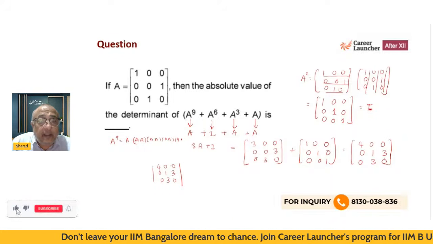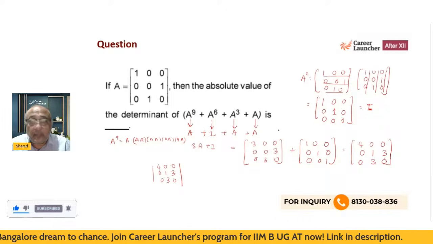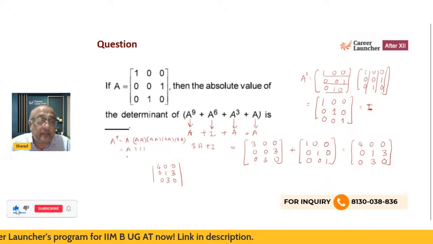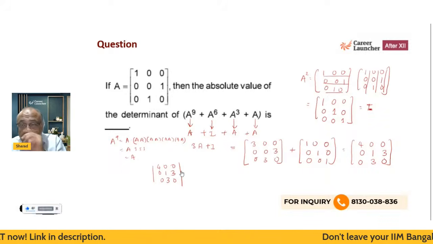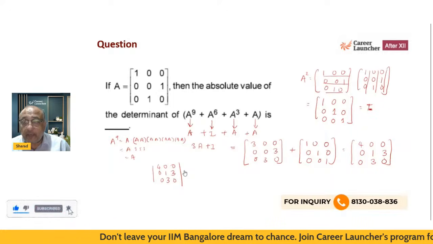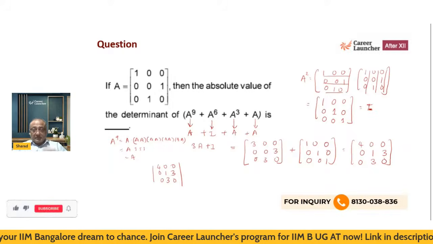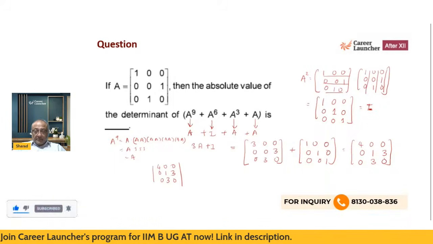A square I have already got as equal to I. So this will be equal to a into I into I into I, which is nothing but equal to a. Is it clear to you, Tanvi? A raised to power 9 is a. Waiting for your response.